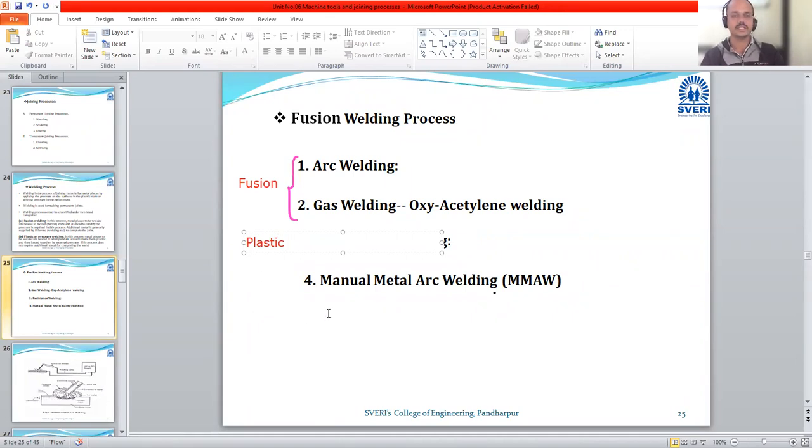Soldering and brazing are again fusion welding, but not with manual melting. So these are arc welding, gas welding, resistance welding, and manual metal arc welding.